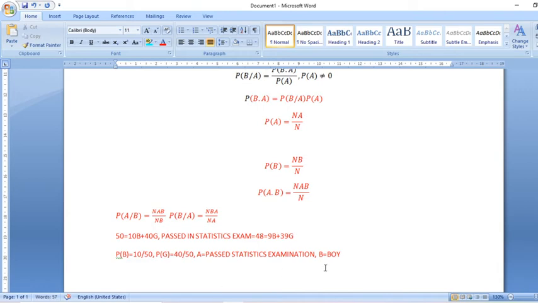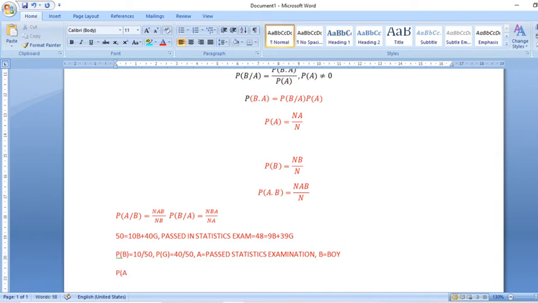You are given the information that the candidate is a boy. So our question is, what is the probability of passing the statistics examination? So what is the probability of A given B?